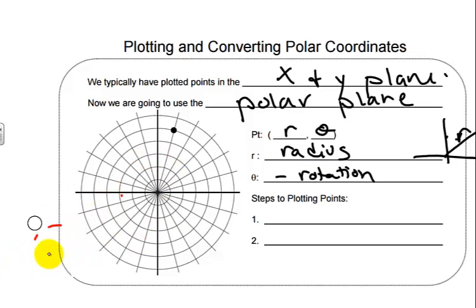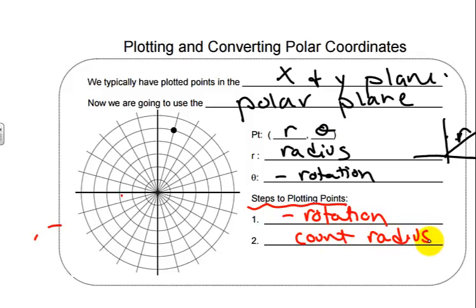How we do that is we have some steps to follow. The easiest way is actually to do our rotation first and then count our radius lines. Or I guess I shouldn't say lines, I should say circles.